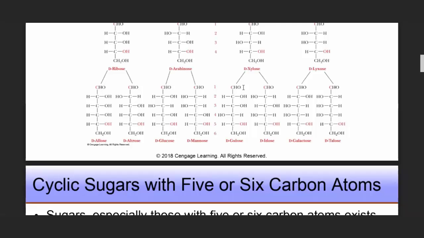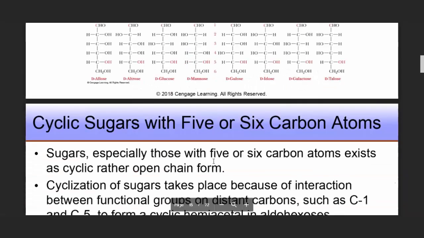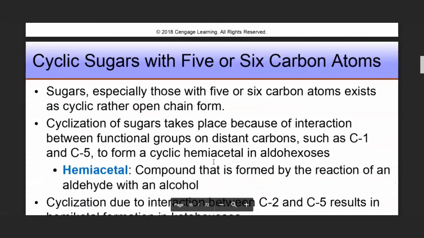Whereas D-glucose and D-galactose are also epimers because they differ in the configuration around carbon number 4 here. However, D-mannose and D-galactose are not epimers. Why? Because they differ in the configuration around 2 chiral carbons.